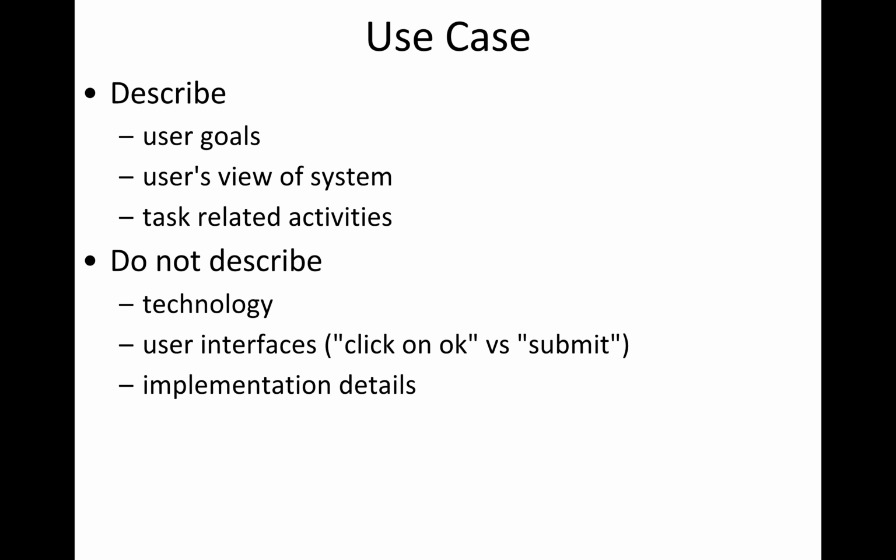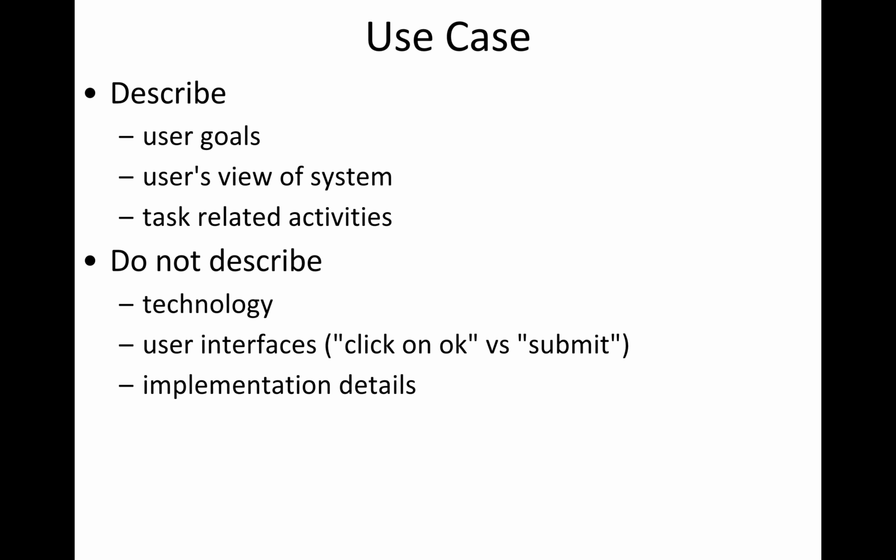So use cases are going to describe the goal from the user's point of view. What are they trying to achieve? And you'll write them irrespective of what technology you'll end up using, irrespective of whether this is going to be a mobile application or a web page or a desktop application, irrespective of what the end deployment is, you'll try to capture it in very generic terms. So, for instance, you would not be as specific as saying you click on OK.